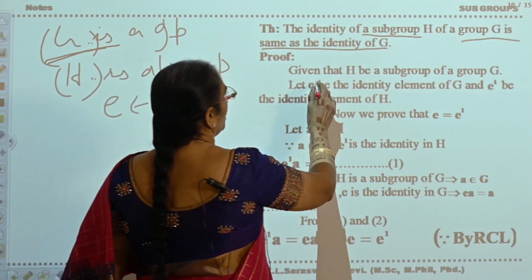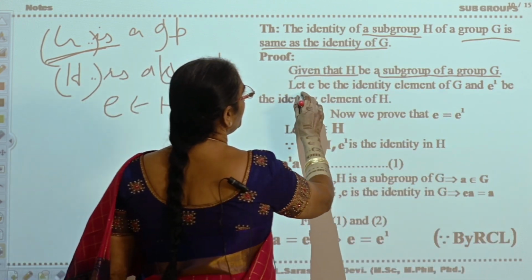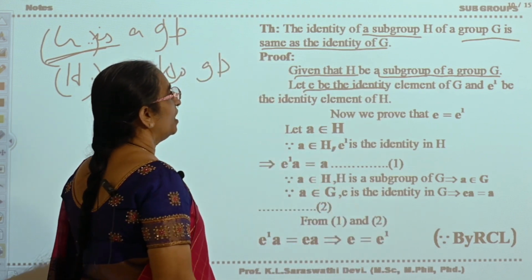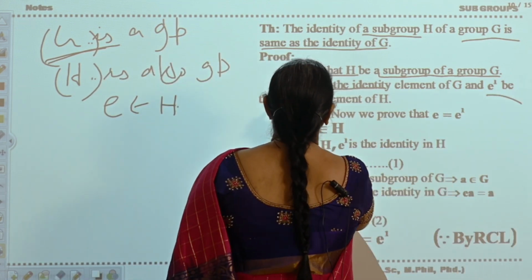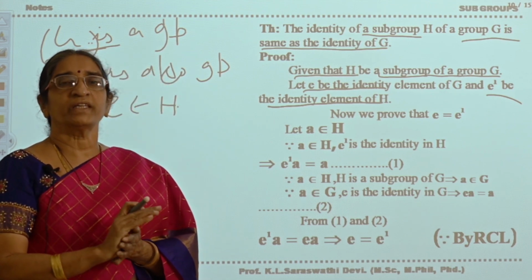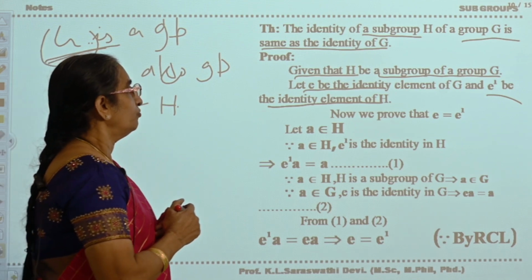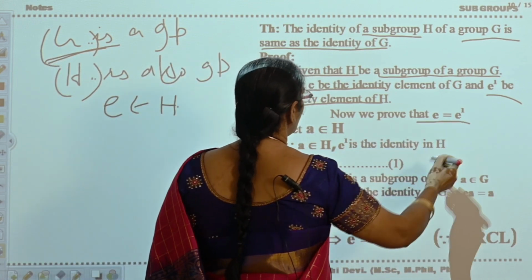Now see here. Given that H is a subgroup of G, let E be the identity of G and E' be the identity of H. If you show E is equal to E', your problem is over. Now we will prove that E is equal to E'.